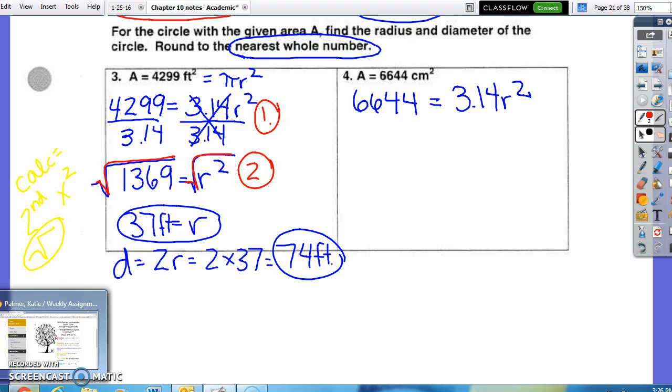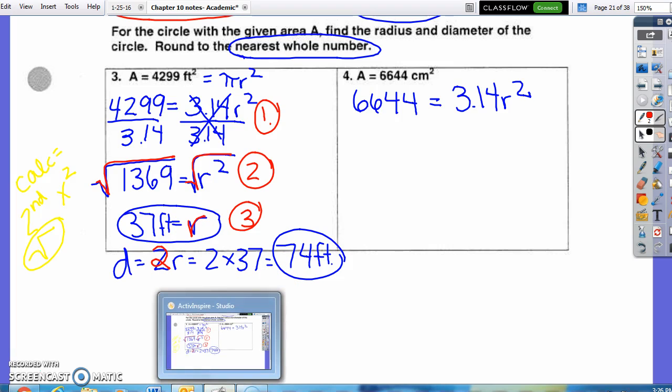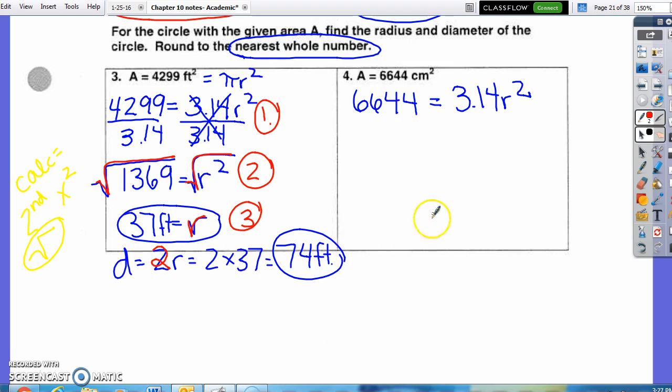What you do to one side, you have to do to the other. Step 3, once you get your answer for radius, you then need to multiply it by 2 to get your answer for diameter. So go ahead and tell me, what is the radius of number 4? And then find me the diameter. Good luck.